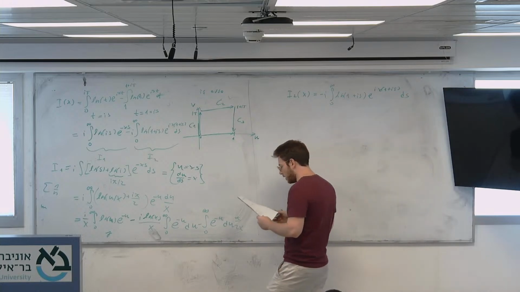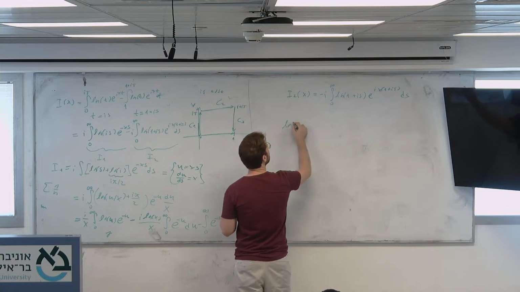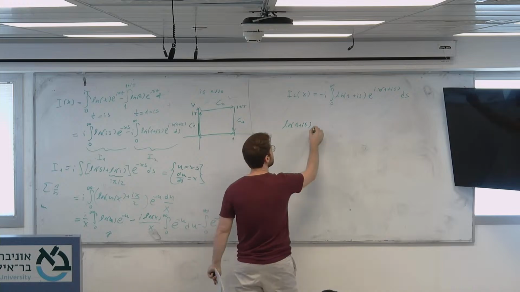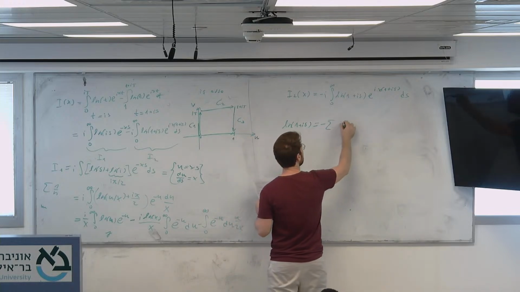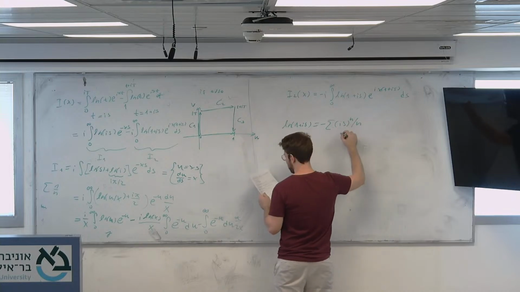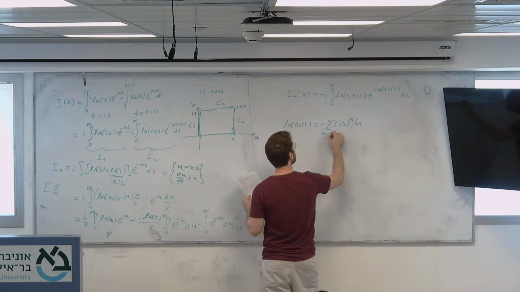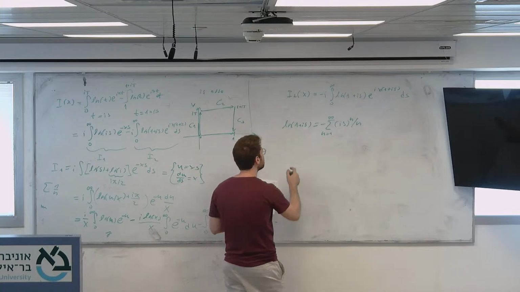So expand now the ln function. ln of (1 + is) is the sum of minus (is)^n over n.